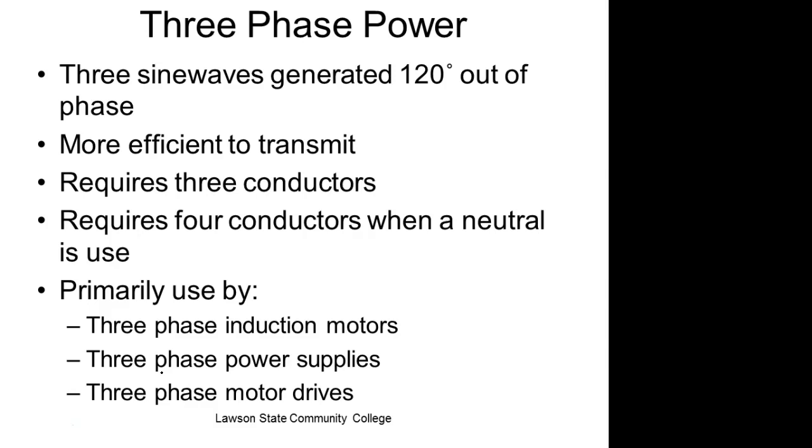It's primarily used by 3-phase motors, 3-phase power supplies, and 3-phase motor drives, and of course for transmitting power. All the motors we're going to be looking at this semester are 3-phase motors. Now what are we trying to send? Power.